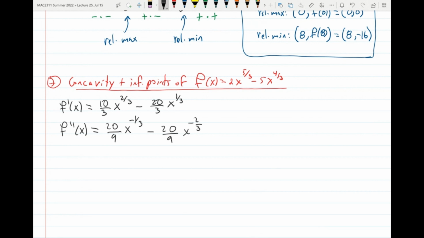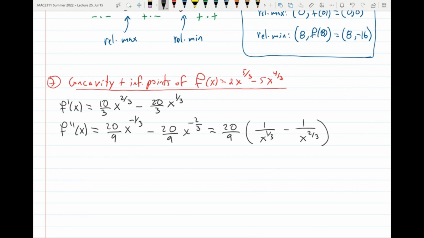Now remember, negative exponents are kind of deceiving, so make sure that you write them in the denominator and then you combine. Here, this is 20 over 9, so it's begging for you to factor it, so let's do it. Let's factor 20 over 9, and then here we're going to have 1 over x to the 1/3 minus 1 over x to the 2 over 3.